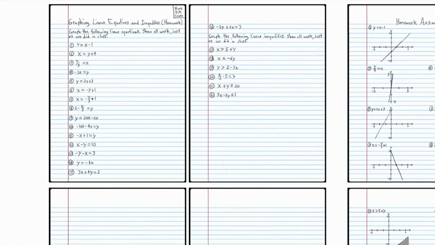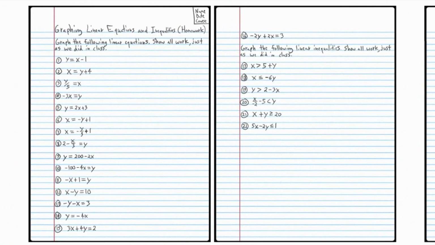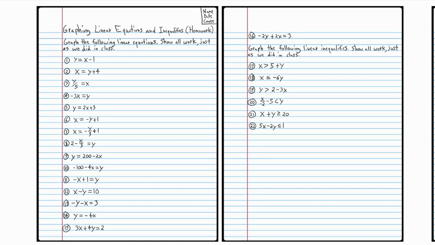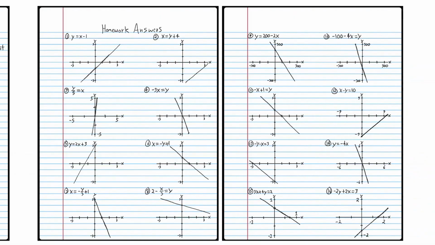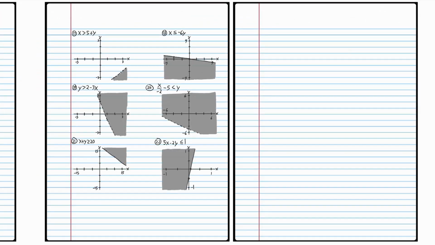And let's go ahead and look at the homework. So here's your homework. Take a screenshot of that. And you're probably wondering, where are the answers? Well, the answers are right here. Take a screenshot of this. And take a screenshot of this. And do the homework completely and correctly.